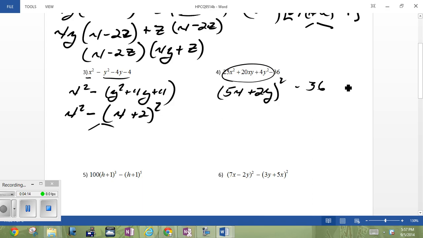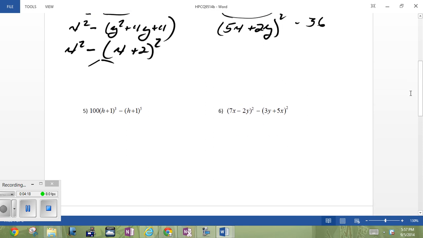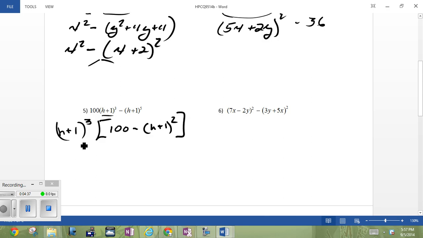It's the same thing as the previous problem. Here, we've got a common factor of h plus 1 to the third power. That's the greatest common factor. That's going to be common to 100 minus the quantity h plus 1, squared.